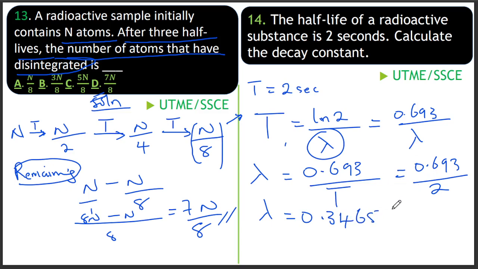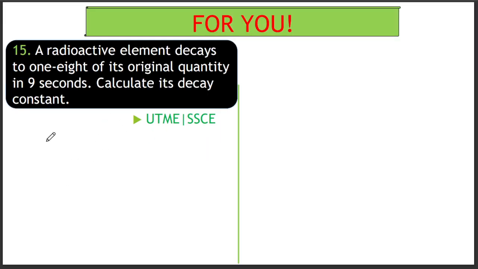But what will be the unit? Per second. Remember, whatever the unit of the half-life is, the unit of lambda, which is the decay constant, will be per the unit of the half-life. Is that okay? All right, so it's your turn now. So solve this one.